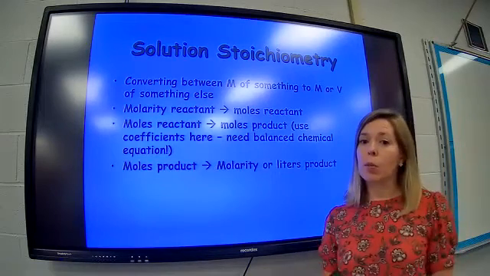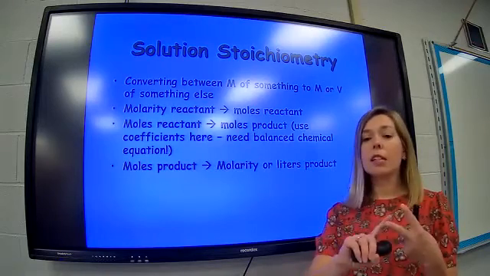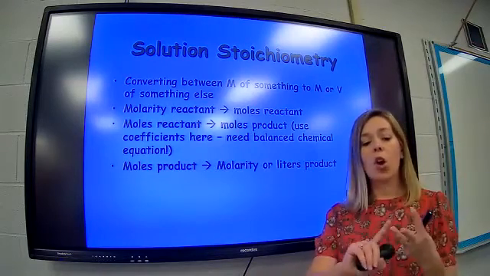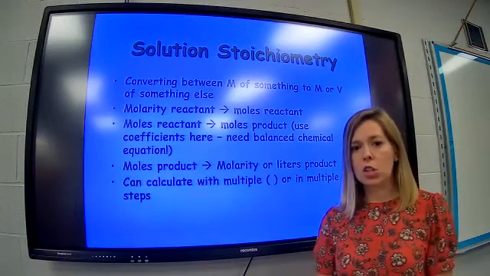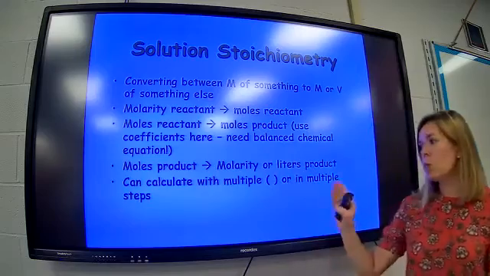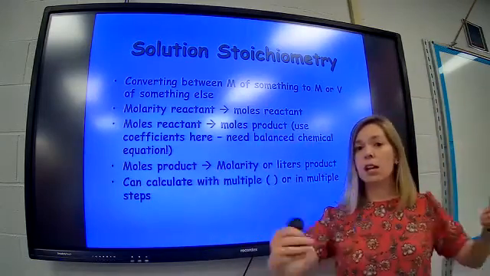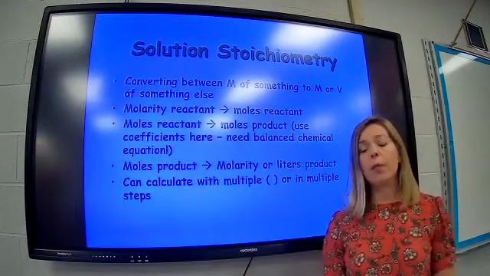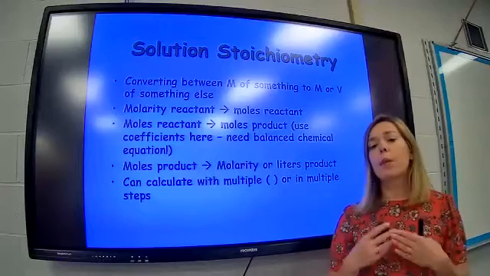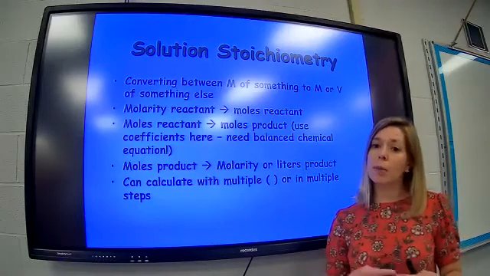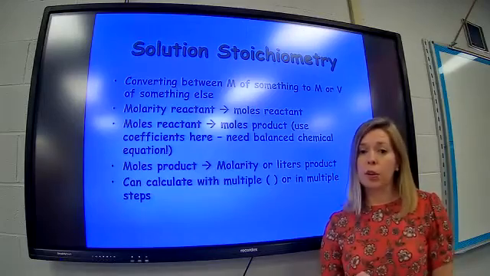And then if we know the moles of the product, we could figure out the grams of the product, the molarity of the product, or even the volume of the product too. We could calculate this with just multiple parentheses, so a nice long dimensional analysis problem, or we could do it as separate steps. Both are perfectly correct, and it will be up to you on what style you prefer.